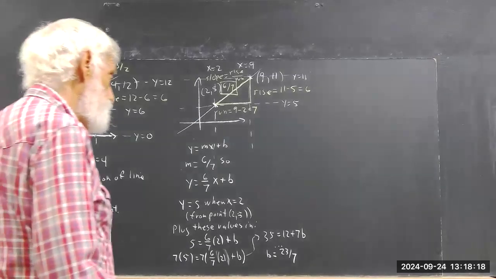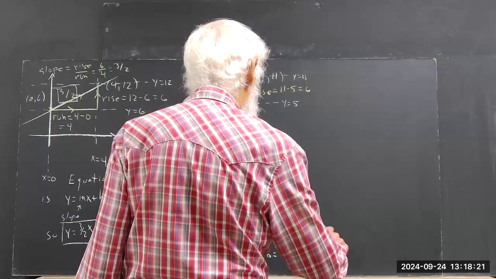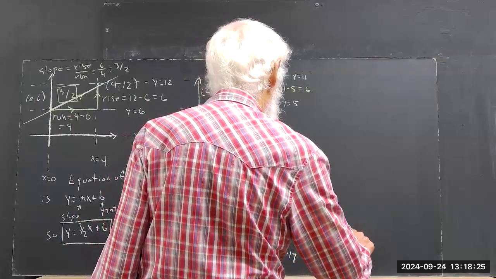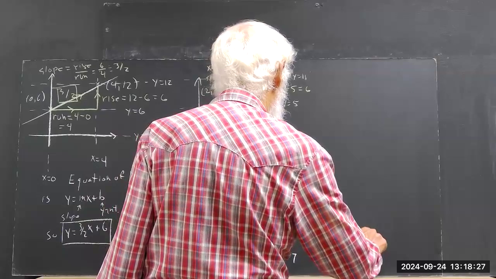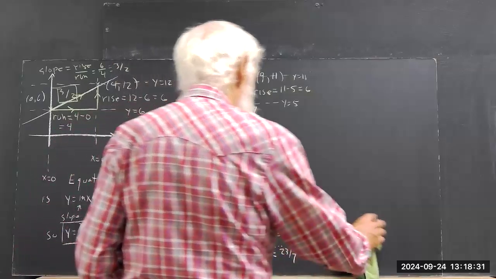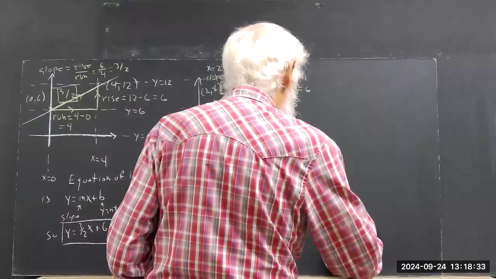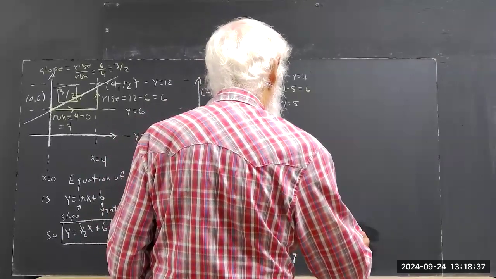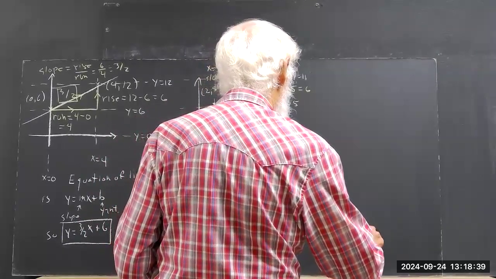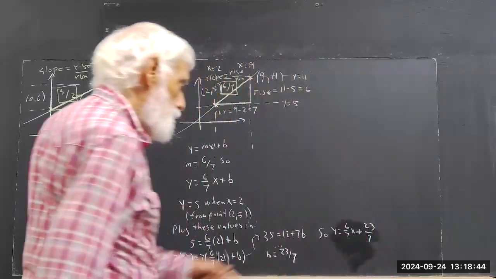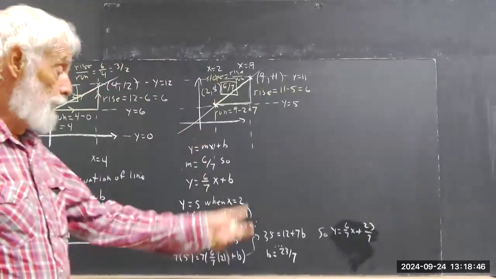So the 6/7. So there's your equation. If you got 2 points, you can always do this.